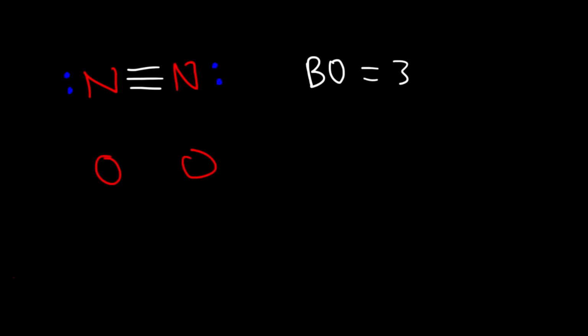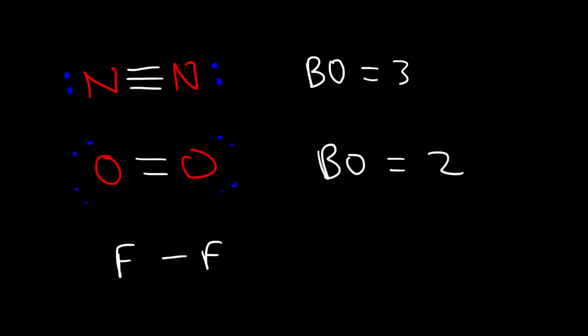Oxygen has a double bond at its center. And so the bond order for the oxygen molecule, if you draw the molecular orbital diagram, you'll see that it's equal to 2. And fluorine, which has a single bond, has a bond order of 1.